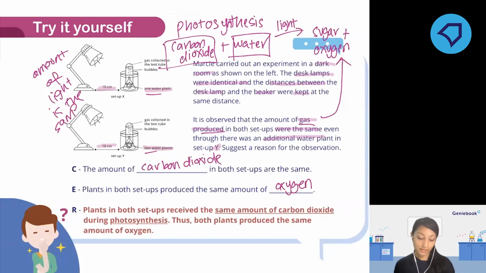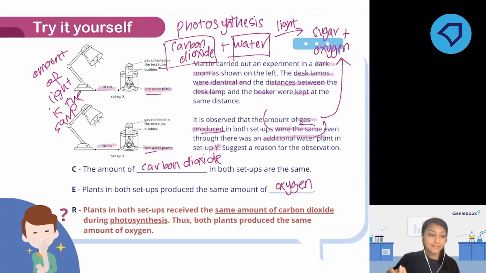So read the statement carefully. Plants in both setups receive the same amount of carbon dioxide during photosynthesis. Okay, thus both plants produce the same amount of oxygen. So no matter how many plants you put in there, if the amount of carbon dioxide given to them is the same in both setups, it will not allow the plant to photosynthesize more. It will photosynthesize at the same rate.